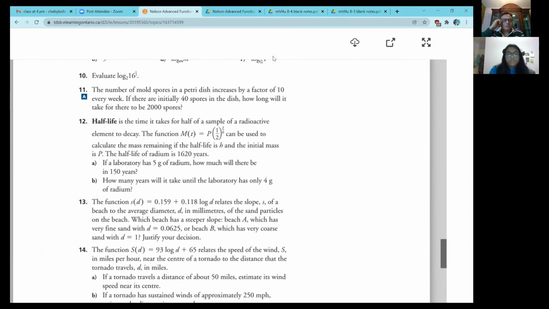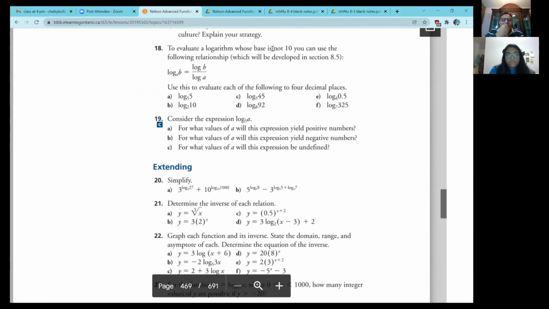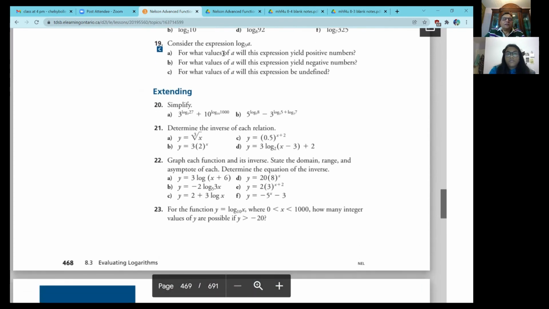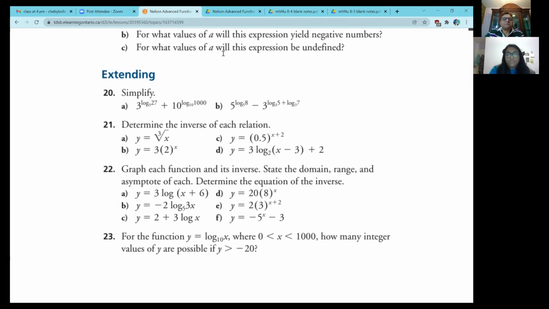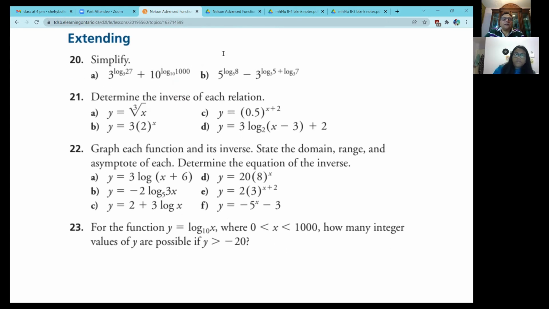Let's see how many questions there are in this. Okay, let's do extended questions. Now we've got this question which says 3 to the power of log base 3 of 27 plus 10 to the power of log of 10,000. We have to simplify this. Can you do this?